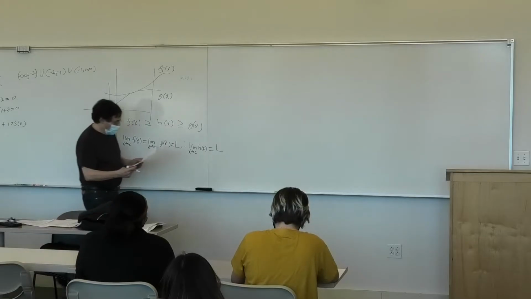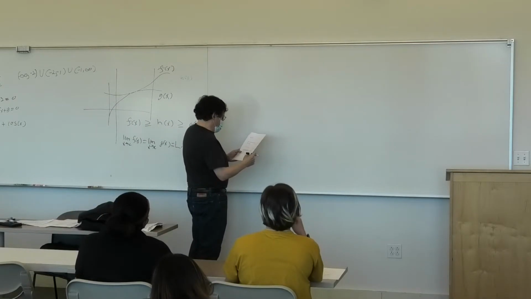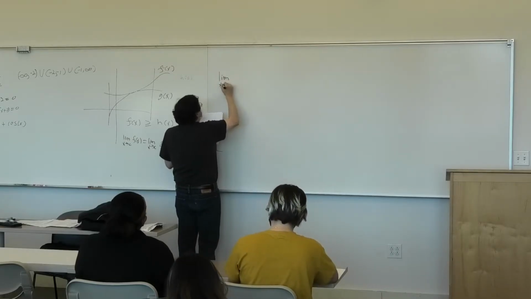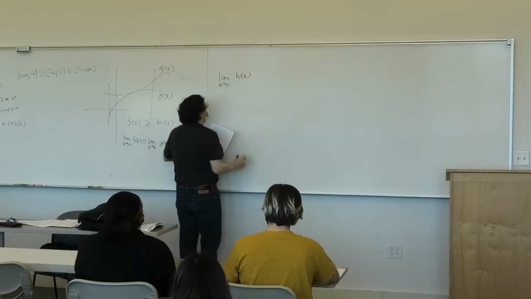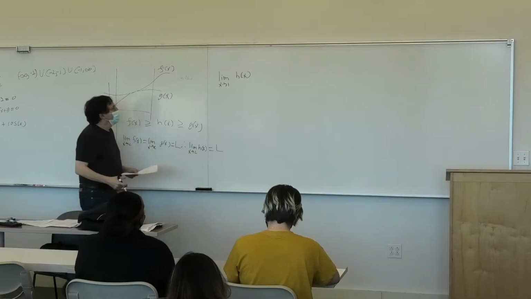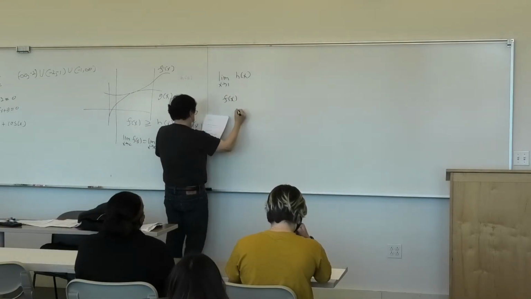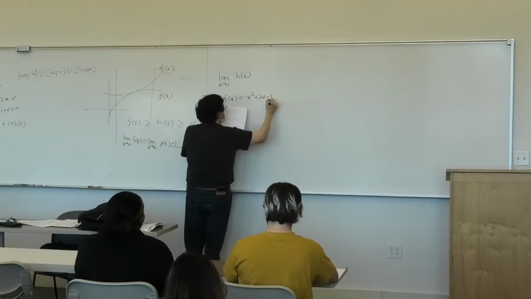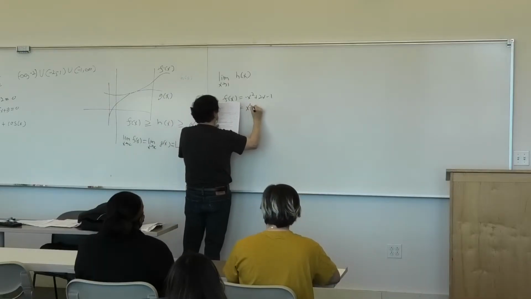In this particular problem, we're interested in the limit as x approaches 1 of h of x. And f of x is a polynomial. G of x is a polynomial.